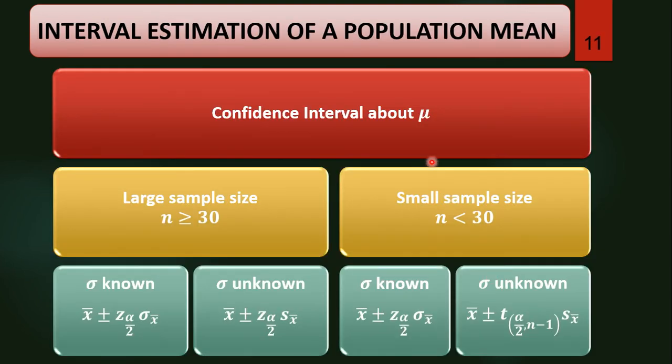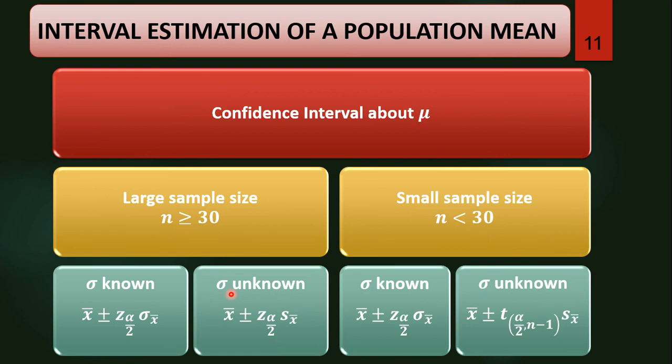Now, to estimate the interval estimation of a population mean, which is mu, we consider two cases. The first case is when your n is large, which is more than or equal to 30. The second case is when your n is small, which is less than 30. Focus on the large sample size. We have two sub-cases: either the standard deviation of the population is known or it is unknown.